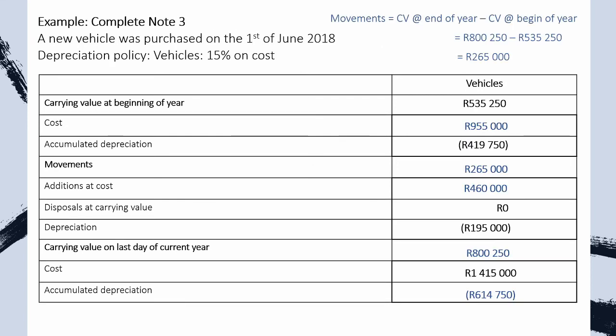We have to say movement plus depreciation to give us our additions at cost. So we say 265,000 plus our 195,000, which gives us our 460,000. This is how much we purchased our new vehicle for.